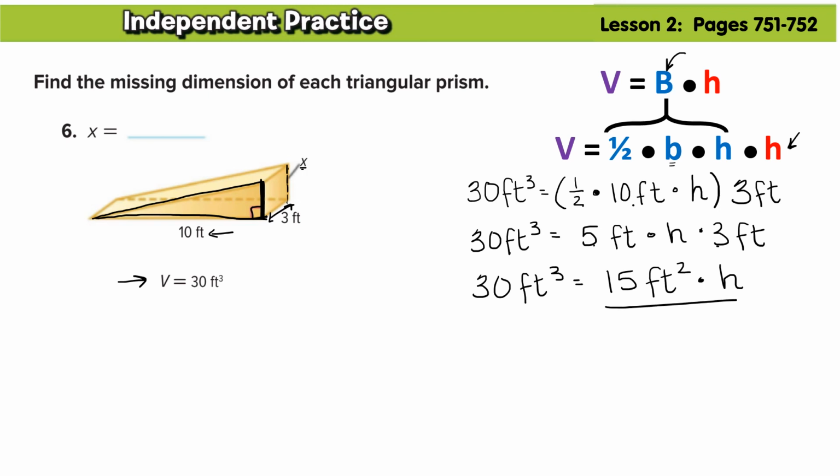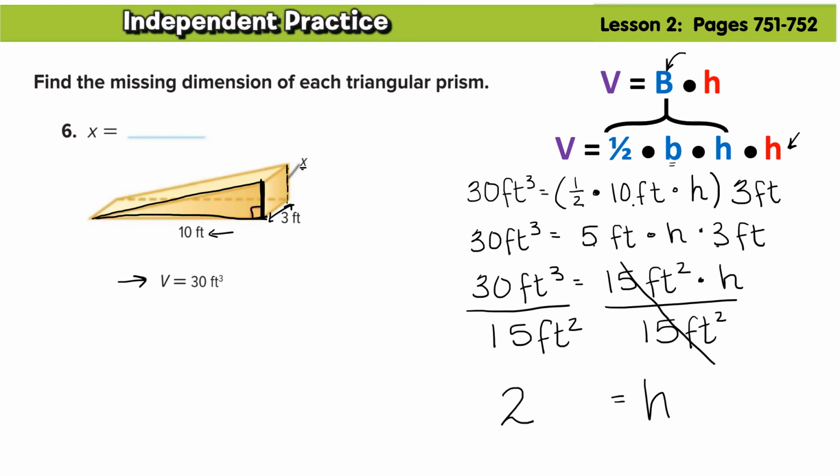Now we're going to divide by 15 feet squared on both sides. That cancels out, and I have H equals. 15 can divide 30 2 times, and feet cubed divided by feet squared leaves feet. So the answer is 2 feet.